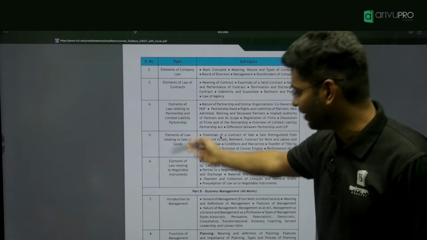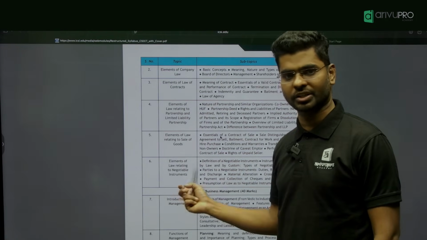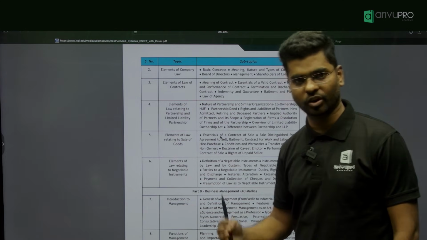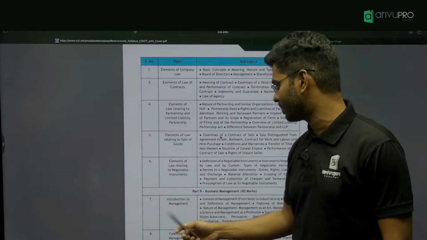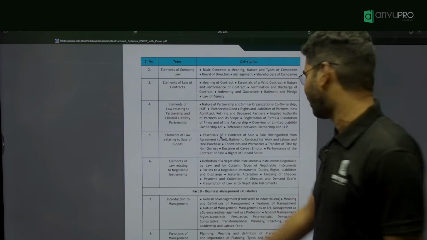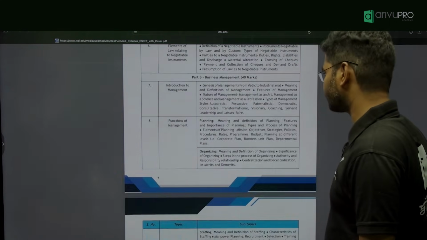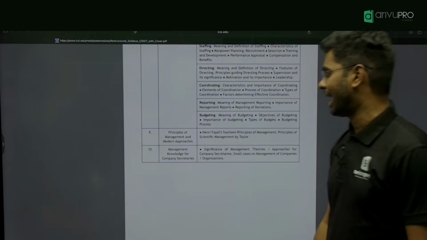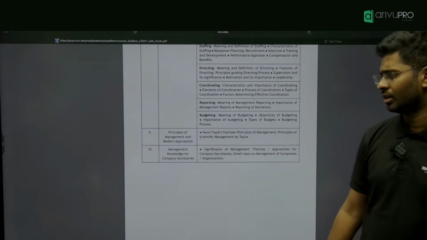So 5 laws are covered for you guys at foundation. Just a quick introduction to all the laws, majorly at the surface level. You are not going to be going very deep into any of it. Then finally in the business management, you have introductions, functions. Then you have your principles of management and management knowledge for company secretaries.